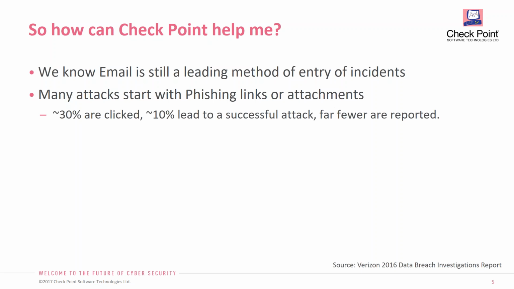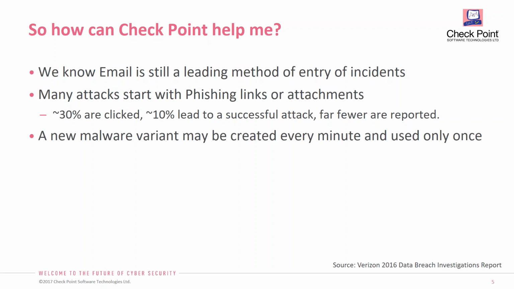Again, 10% probably of that led to a successful attack, but in their view, probably only about 3% of those successful incidents get reported. So this wonderful access from anywhere, everything's in the cloud idea starts to get a little bit tricky when it comes to security.